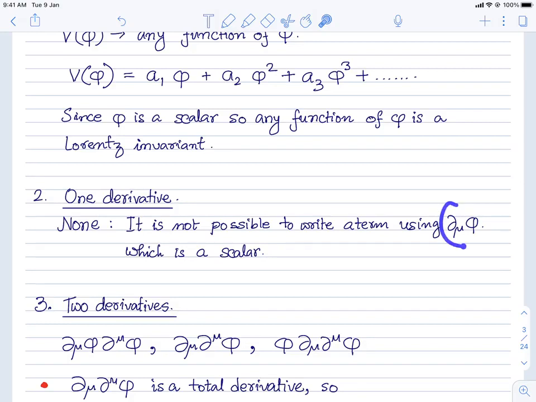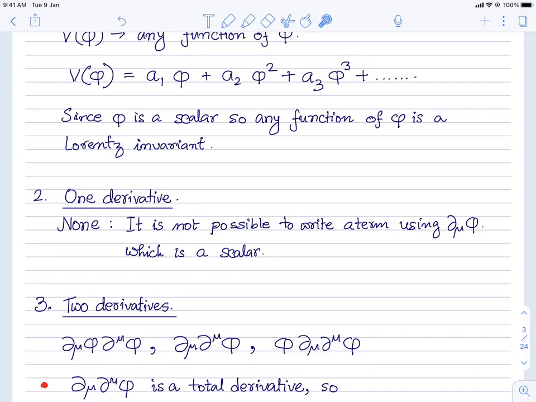I need another index to contract this vector index. Otherwise, it is not going to be a scalar. This object will continue to be a vector no matter what you do with it. You multiply it with some function of phi or whatever, it's going to continue to transform like a vector or a covector, and therefore this cannot be incorporated into the Lagrangian density. So there cannot be any terms in the Lagrangian density which have just one derivative, and this is ruled out just from the fact that we want relativistic invariance of the Lagrangian density.